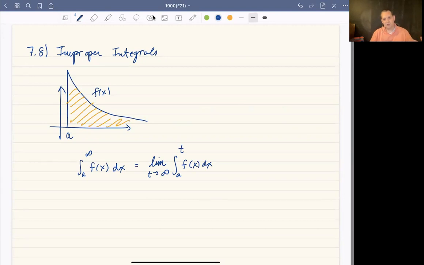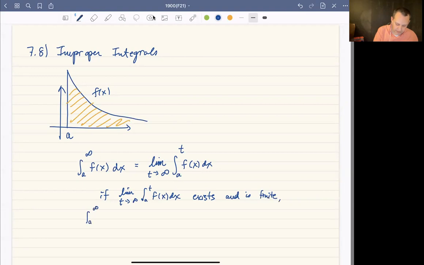And then as t gets larger and larger, one of two things is going to happen. If this limit as t goes to infinity of our integral exists and is finite, say it equals 5 or something, let's say the limit equals some value L. It doesn't have to be positive or negative, it doesn't matter.